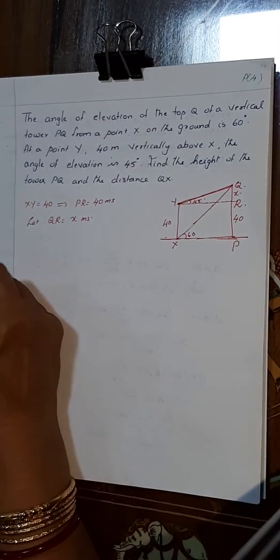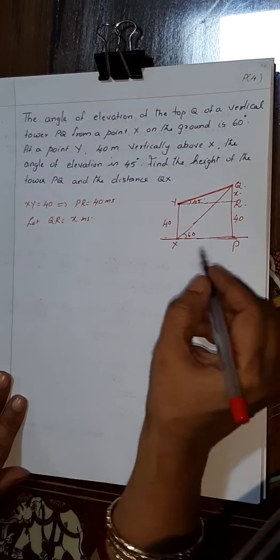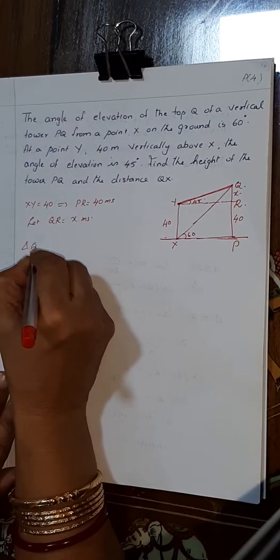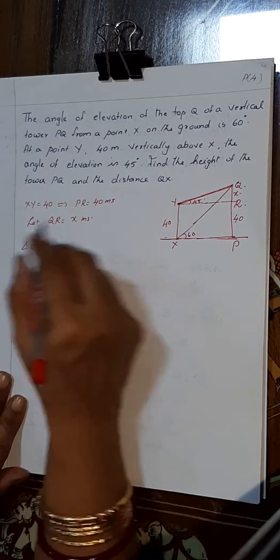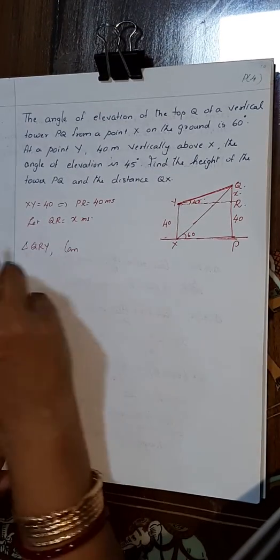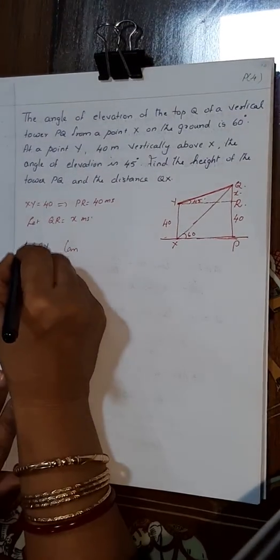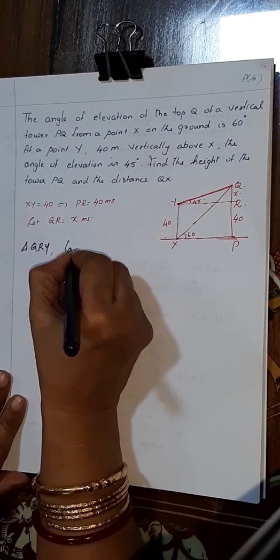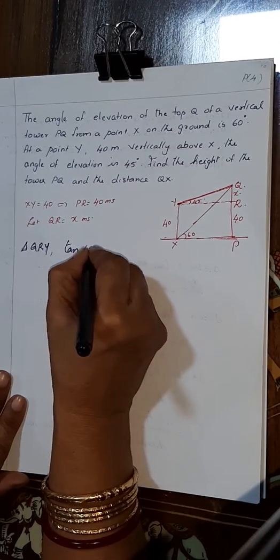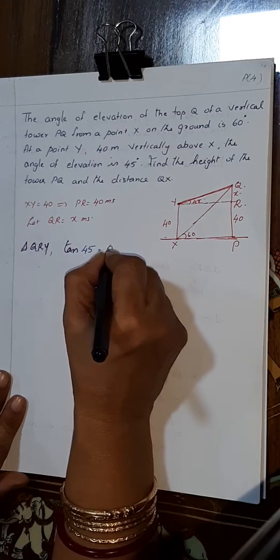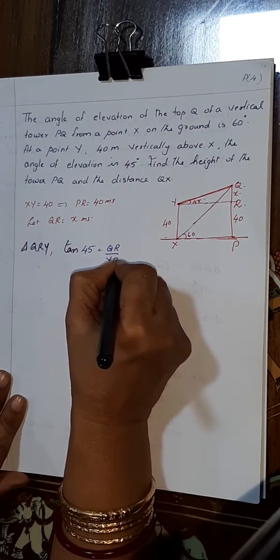So, in triangle QRY, tan 45 is equal to opposite side by adjacent side, QR by YR.